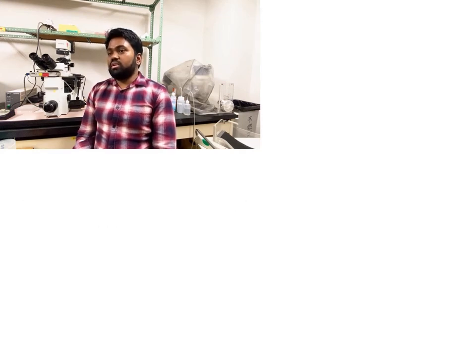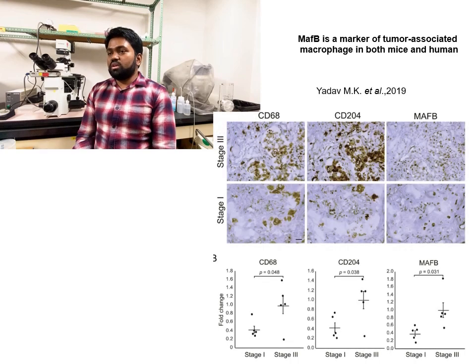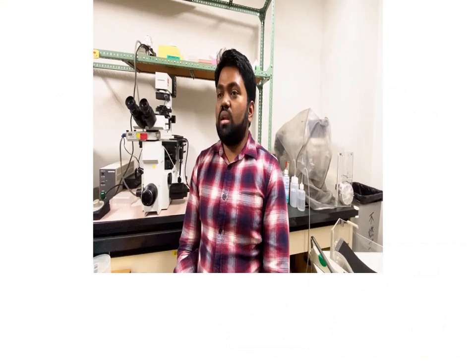More recently, we have published that MAFB is a useful marker for tumor-associated macrophages for both human and mice. Now we are focused on studying the role of MAFB in macrophages in relation to metabolism, thermogenesis, wound healing, and tumor development. In Takahashi laboratory, we do research and enjoy the taste of science.